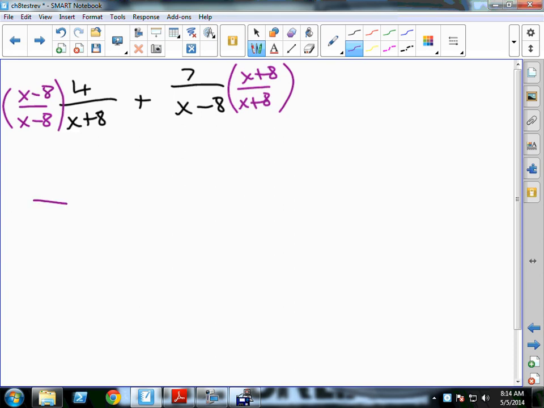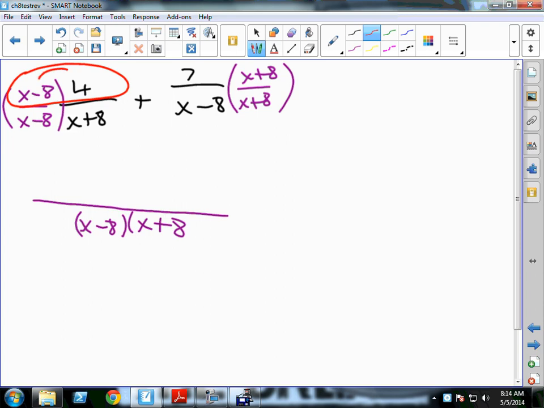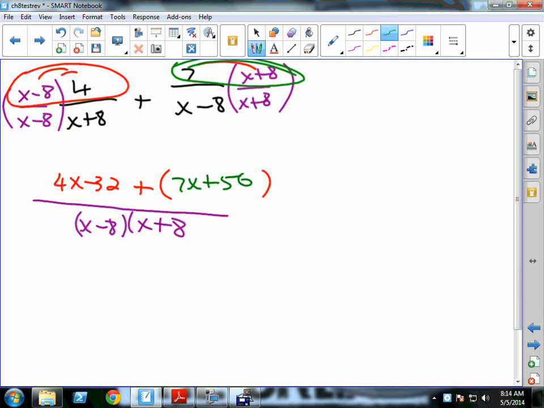So I know my denominator is going to be x minus 8 and x plus 8. What I get in the numerator, part of it comes from this product. I'm going to have 4x minus 32 plus some other stuff. The other stuff comes from this product. That's 7x and 56.